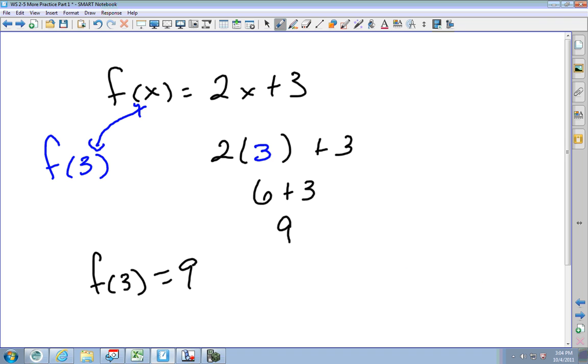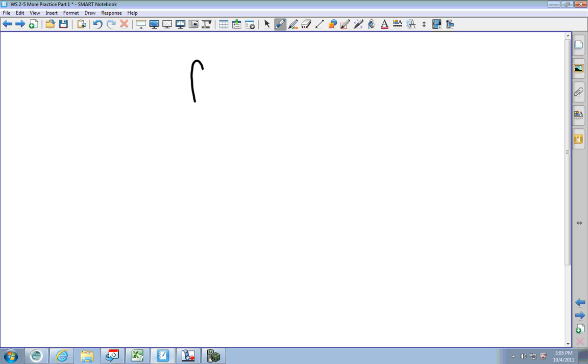And what that means is when I have x then y, this is my x number. So I have 3, and when x is 3, y is 9. Well, let's try another one just for fun. If I have f of x equals 6x minus 2, what is f of 2?